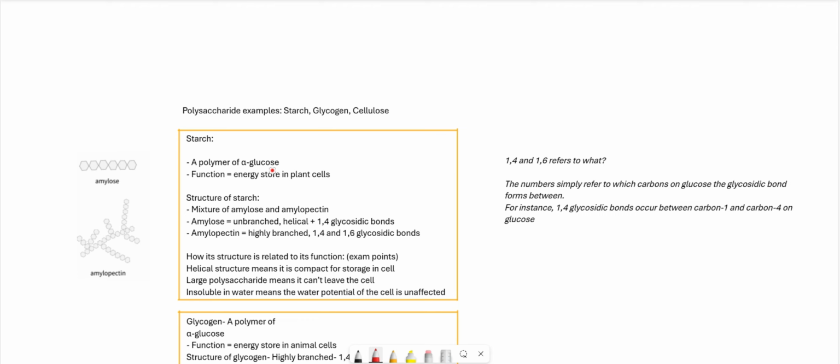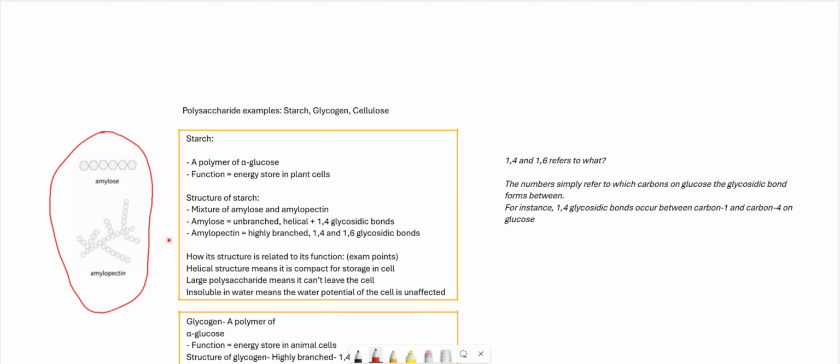Now, what is the structure of starch? Well, the structure of starch is a mixture of amylose and amylopectin. You might be asking, what is amylose? What is amylopectin? Well, amylose and amylopectin are just two different chains within the structure of starch.